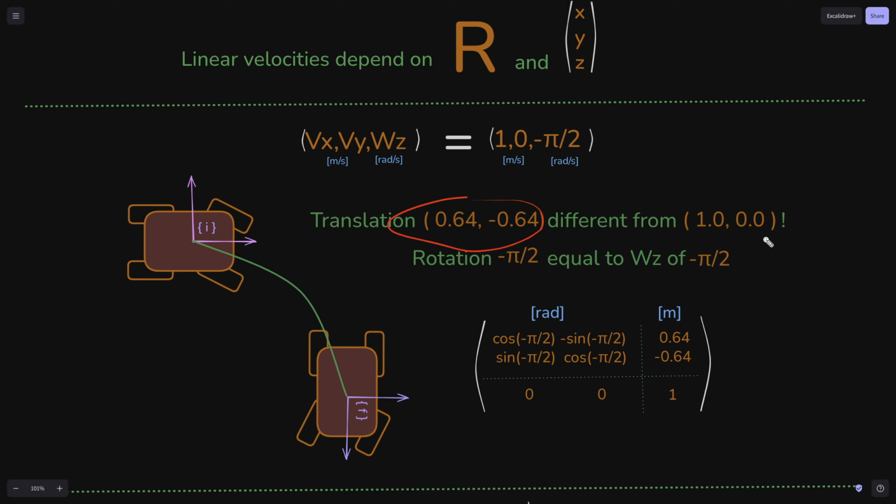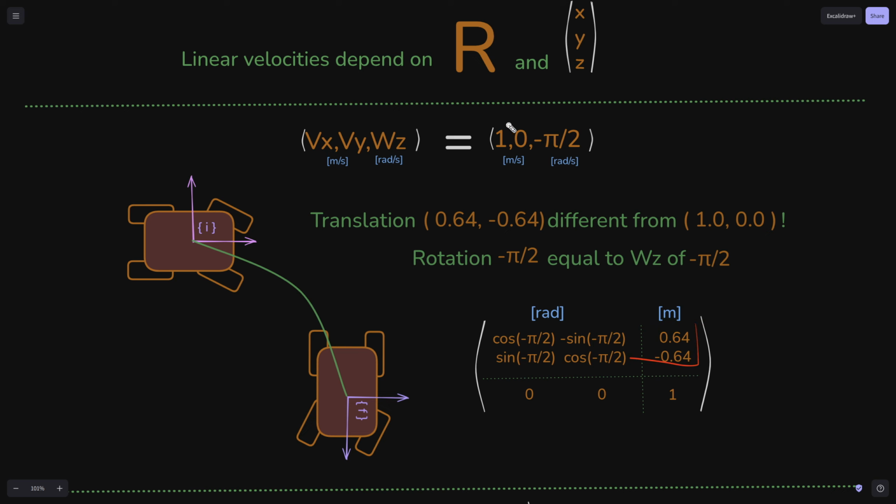And this thing is different from this thing, just because we have this rotation that distorts the translation. This is important. And let's analyze the transformation. The transformation, as I said, depends on an angle, in this case just 1 because it's in 2D, and this is the translation.